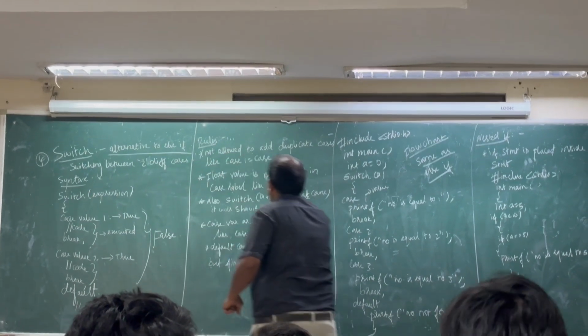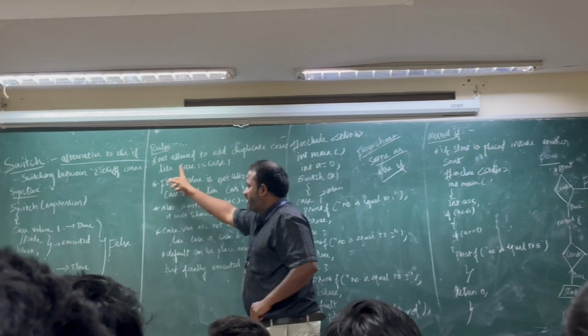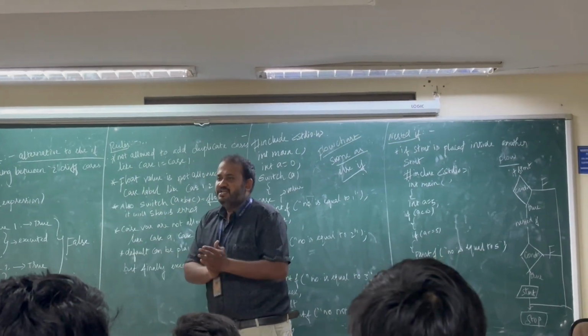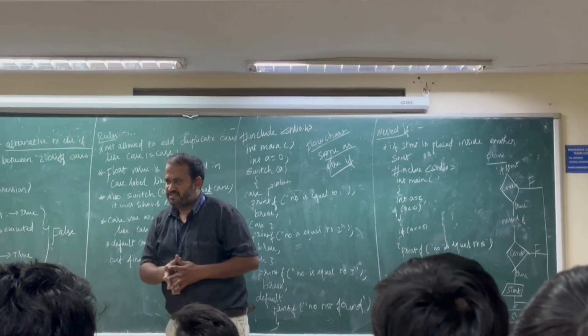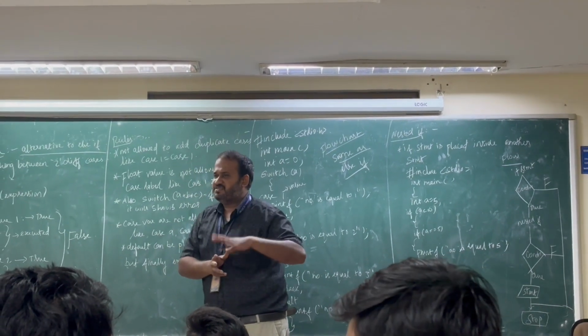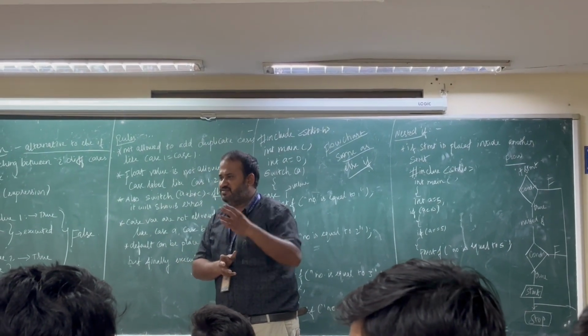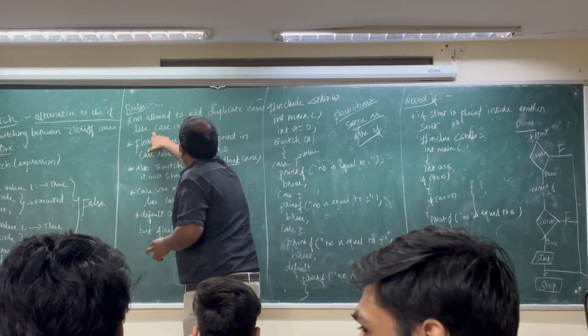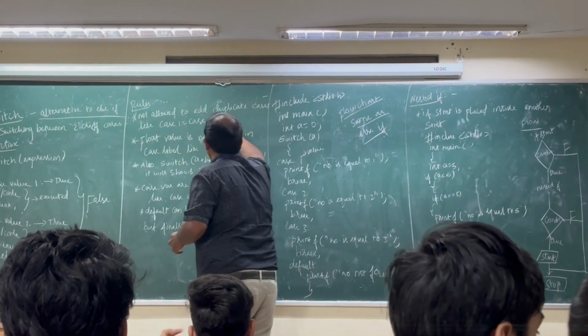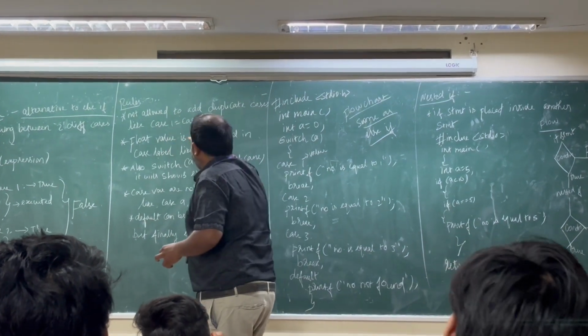Now, before going further, we have to see the rules. There are some restrictions for creating the switch statement. With if else if there are no such rules; you can use any values. The first rule is that it is not allowed to add a duplicate case, like case 1 and case 1.